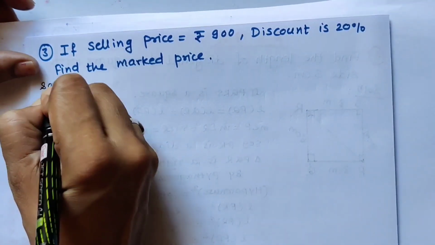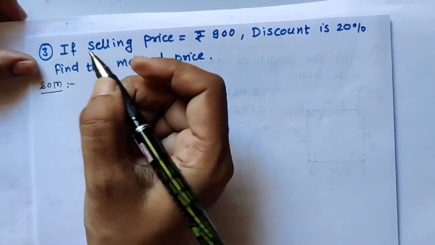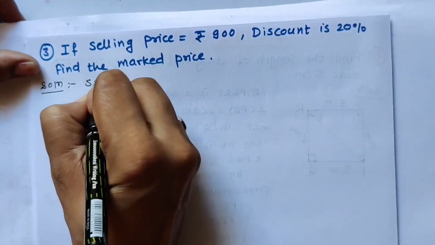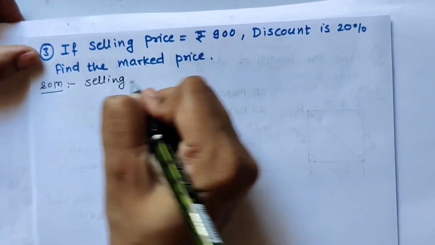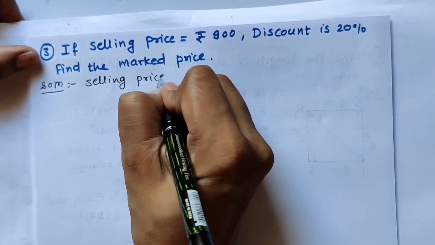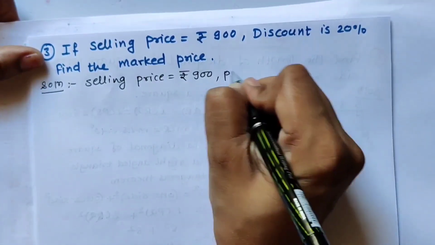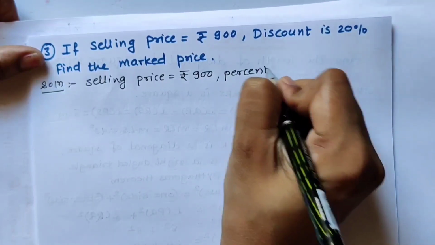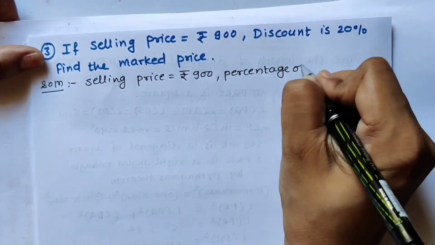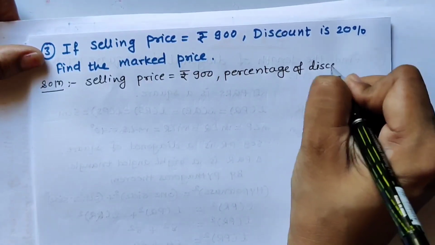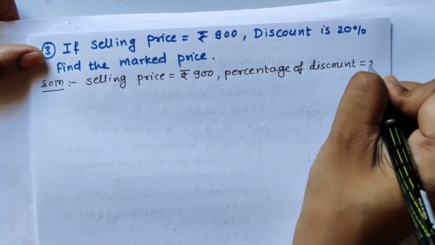In solution we write selling price is equal to rupees 900 and percentage of discount is given to us, which is 20%.